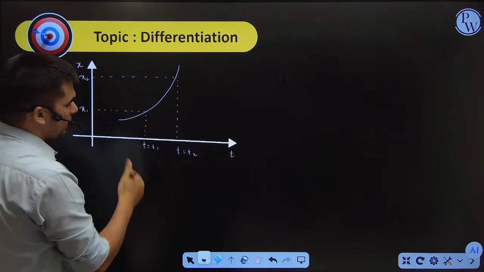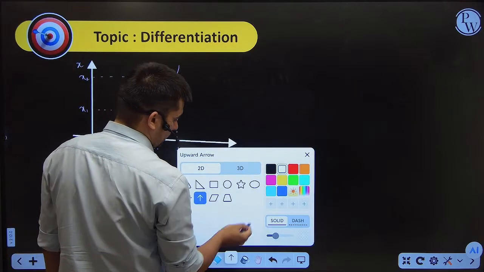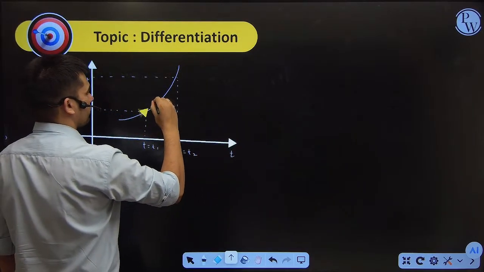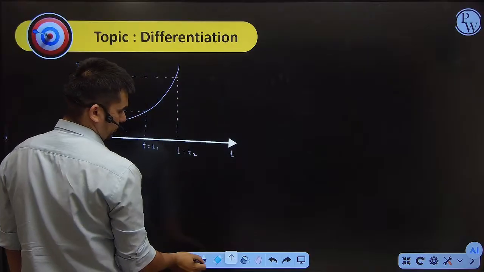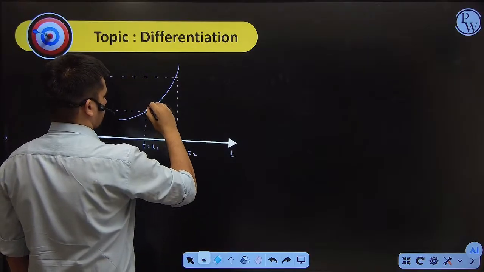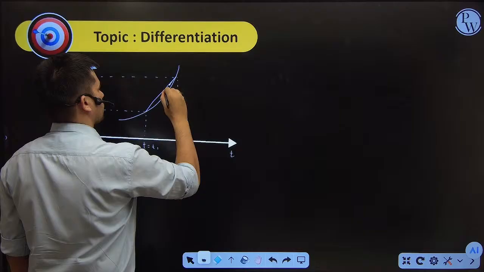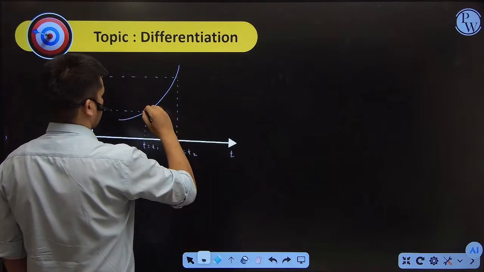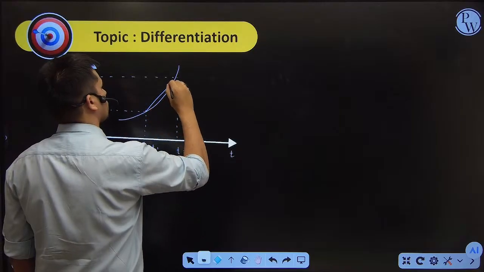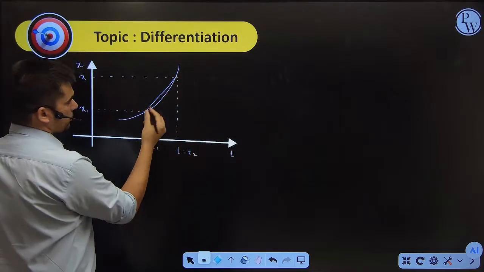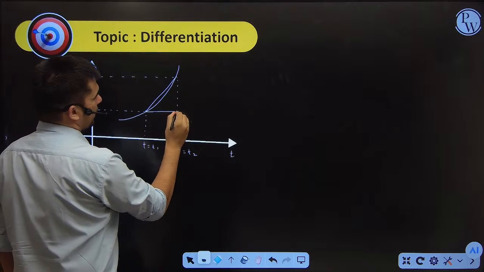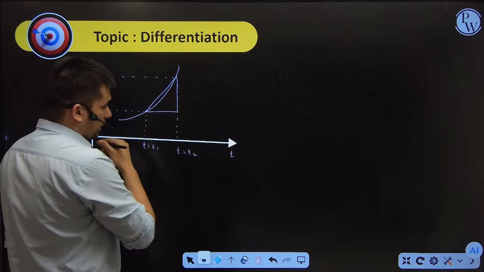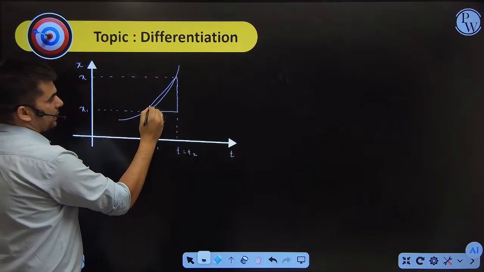Now if I join these 2 points with the help of a chord like this, and complete a triangle out of it, what exactly are you able to see this tan theta as?